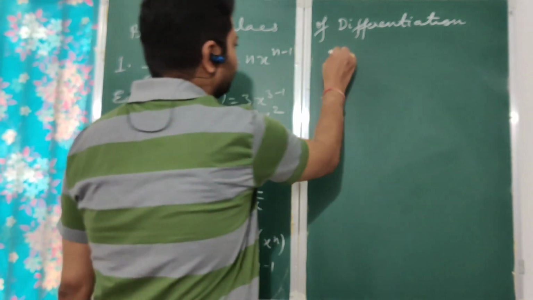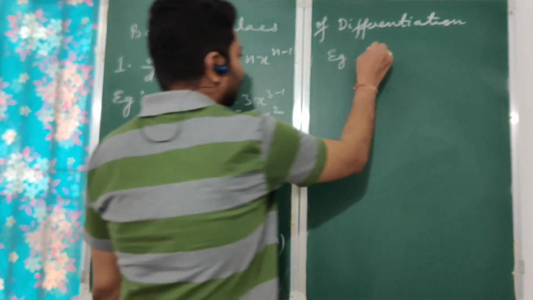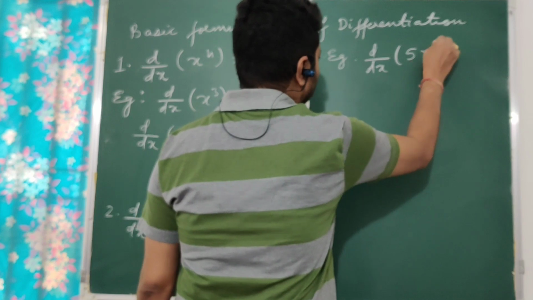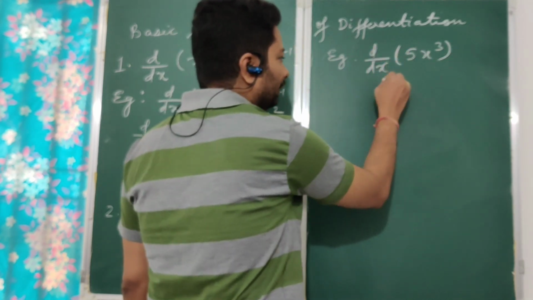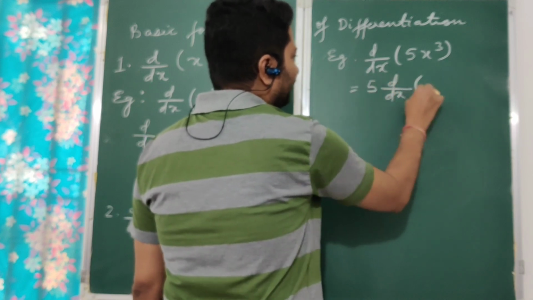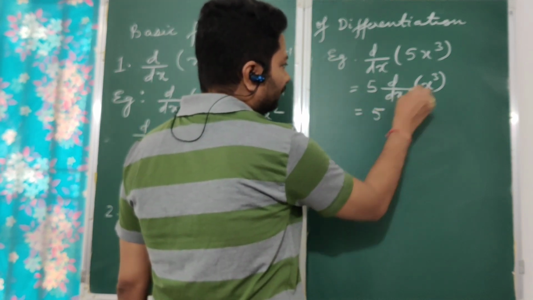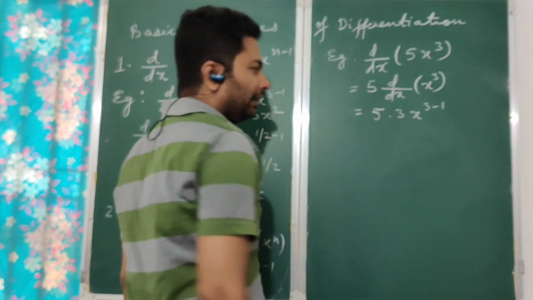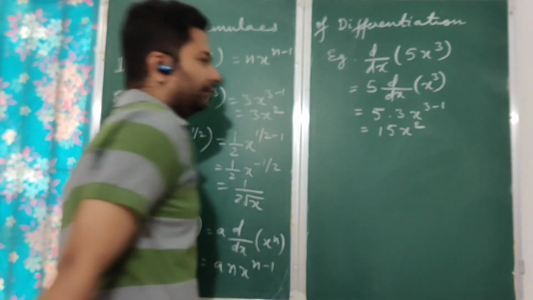Example: if we had d by dx of 5x to the power of 3, how will we differentiate it? 5 is a constant, so take it outside. So 5 d by dx of x to the power of 3. You can write it as 5 times n, which is 3, x to the power of 3 minus 1. So it is 15x squared.